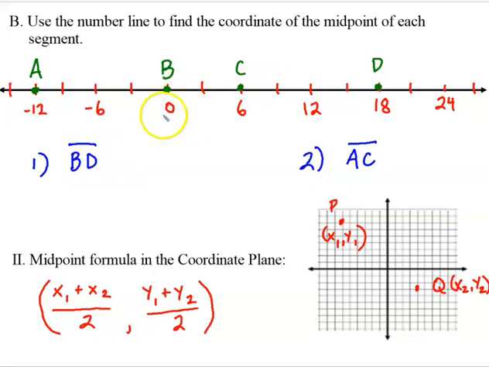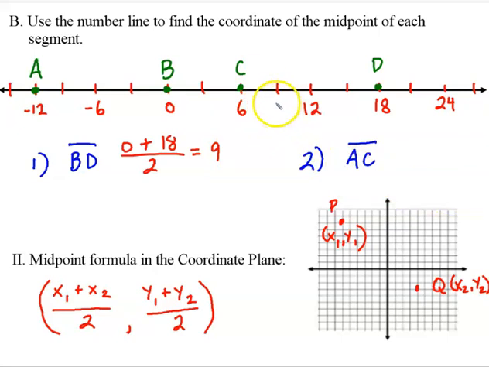So we just take those two end points. 0 is the value of B, and 18 is the value of D. And we divide that by 2. 18 divided by 2, of course, is 9. And the directions say to use the number line to find the coordinate of the midpoint of each segment. So that coordinate in this case would be 9.